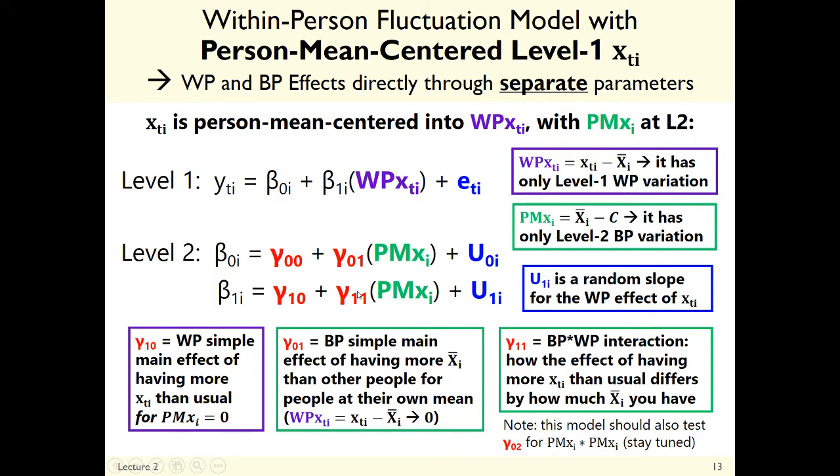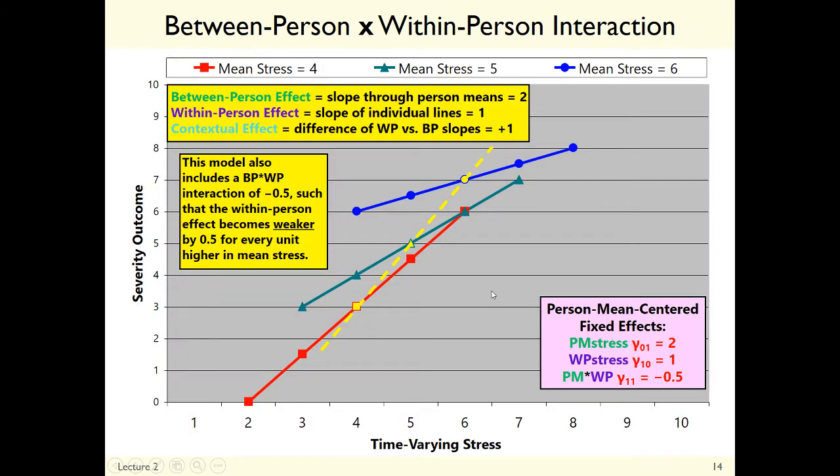So this would say the effect of having more stress than usual in part depends on how much stress you have, absolutely. And so person mean x could explain part of the reasons why people need their own effects of more stress than usual. The idea that people would still need their own effects after controlling for person mean x would be carried by this u1.